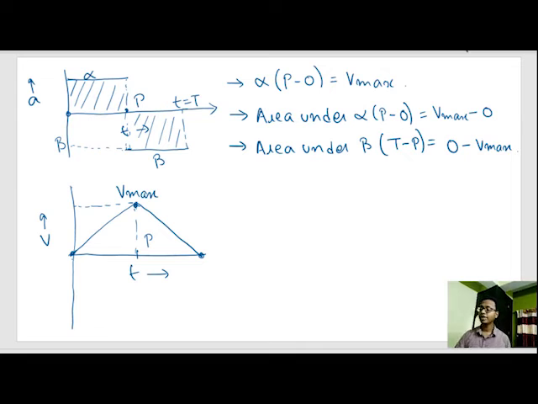Okay, now in integration there is an important concept. We say area is under, but in integration this area is taken as minus. In integration, whenever the area is above the x-axis, it is called positive area, and whenever the area is below the x-axis, it is called negative area.